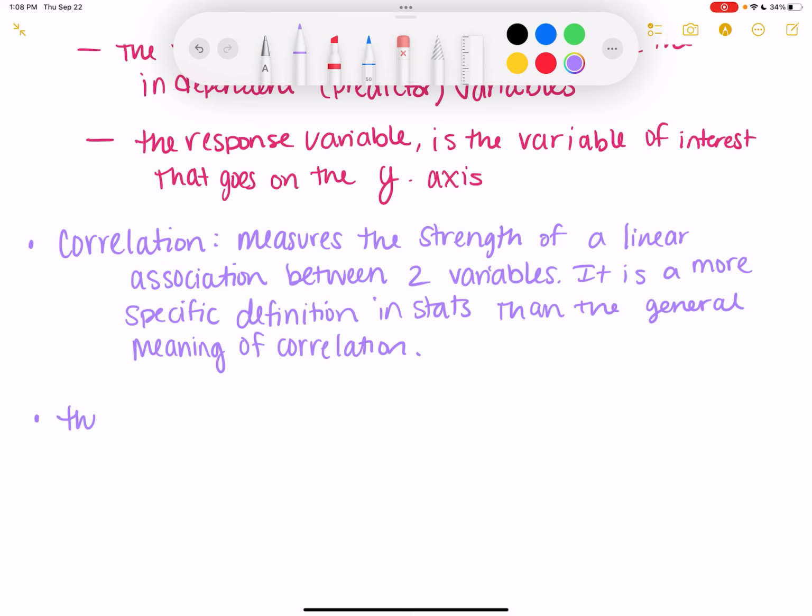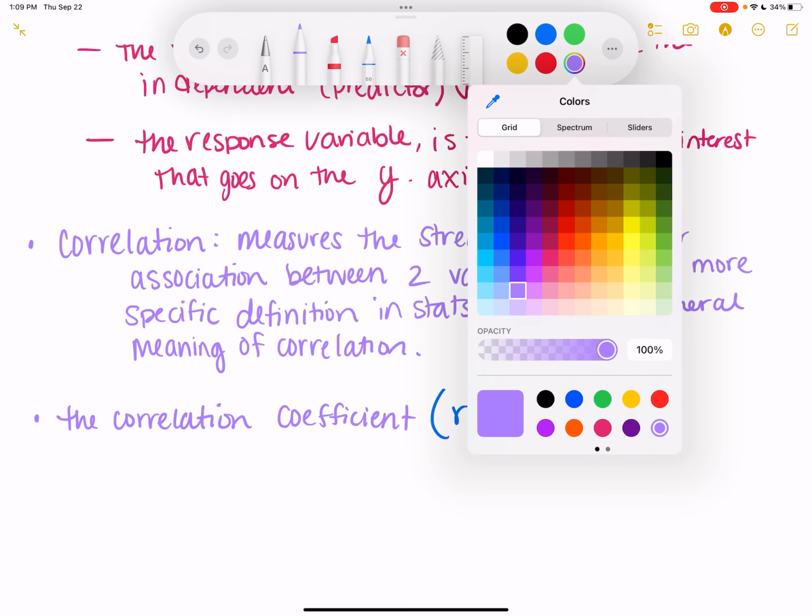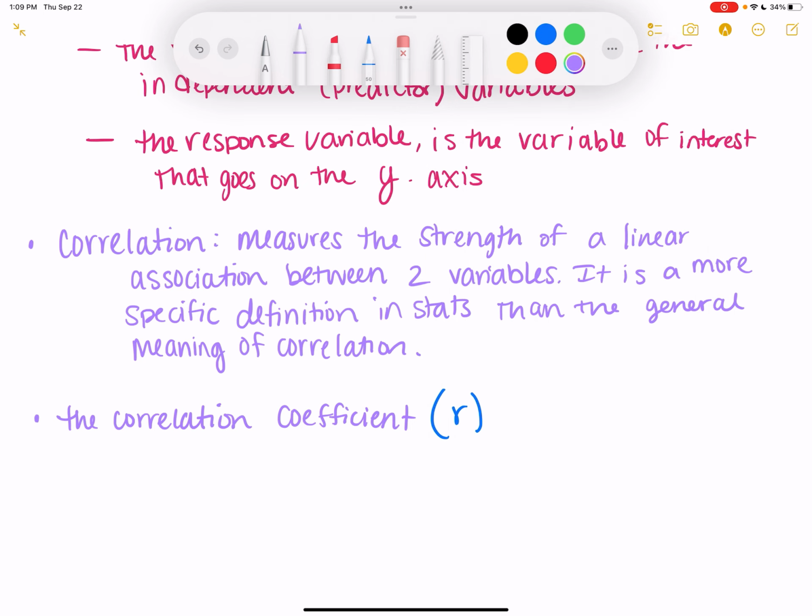So the correlation coefficient will be symbolized by a lowercase r. The correlation coefficient gives a numeric value for the strength of the linear relationship.